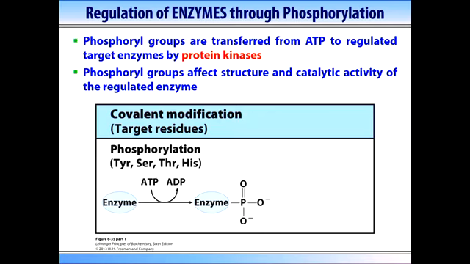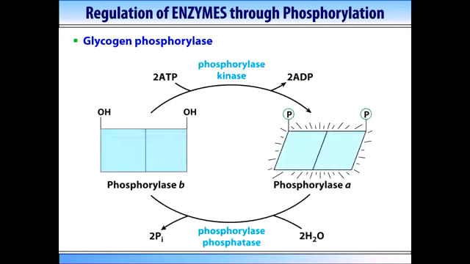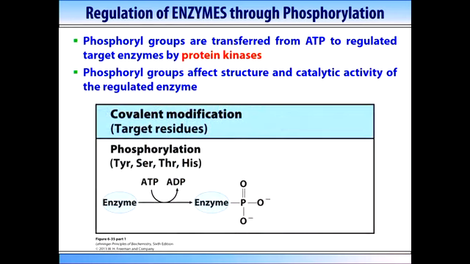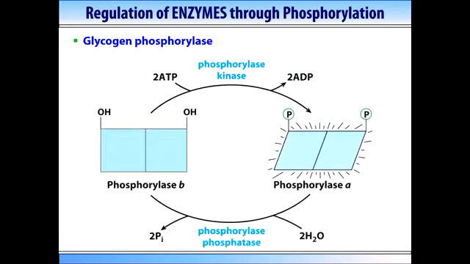And as a result, the enzyme becomes, going back to your question, attachment of the phosphate group doesn't mean that it will be inactive or active. It can be either way. So let's look at the example here. Attachment of the phosphate group to the enzyme called glycogen phosphorylase makes it active.